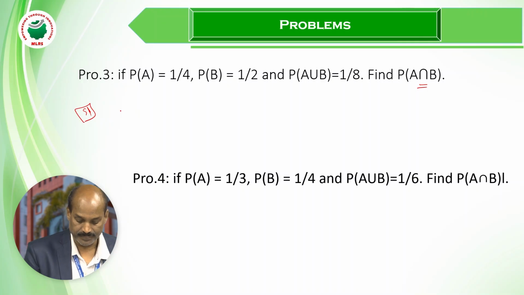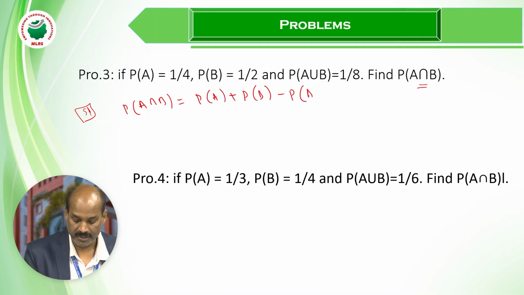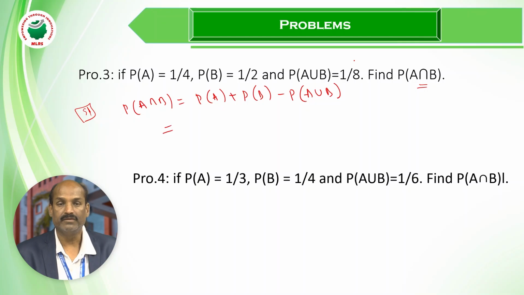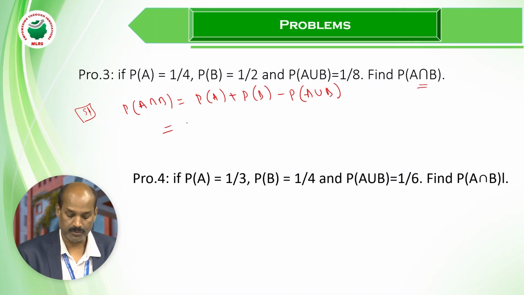So we can write the solution here. Probability of A intersection B equals probability of A plus probability of B minus probability of A union B. Write the given values in this expression. Probability of A is 1 by 4 plus probability of B is 1 by 2 and A union B is 1 by 8.